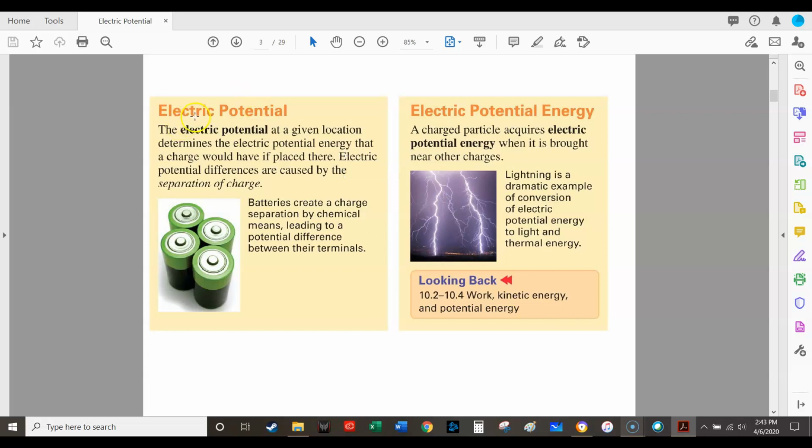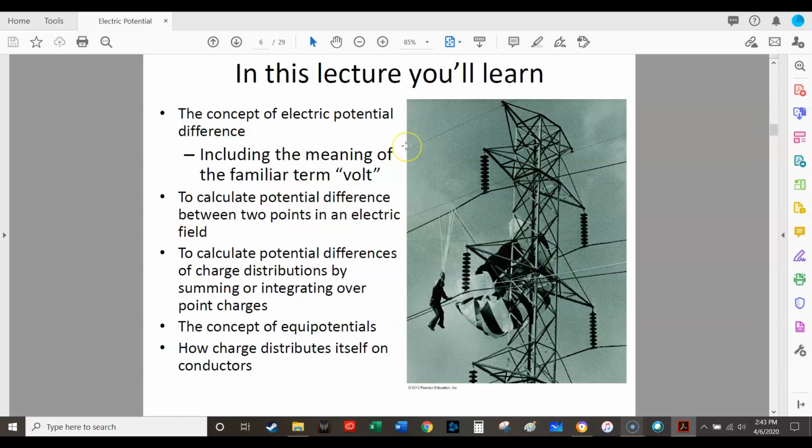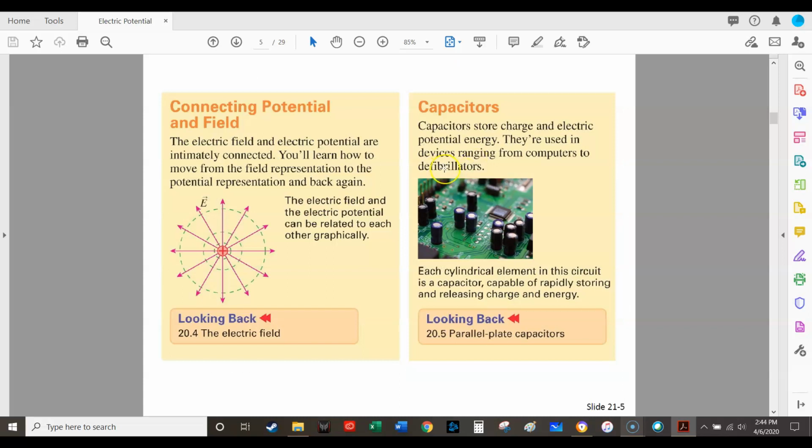But you've associated voltage with batteries, and it's also associated with lightning. And what we're going to find out later on is that we can view electric potential or voltage as almost like a height. And it's analogous to a height. And then we're going to do some capacitors using voltage in the next chapter in circuits.